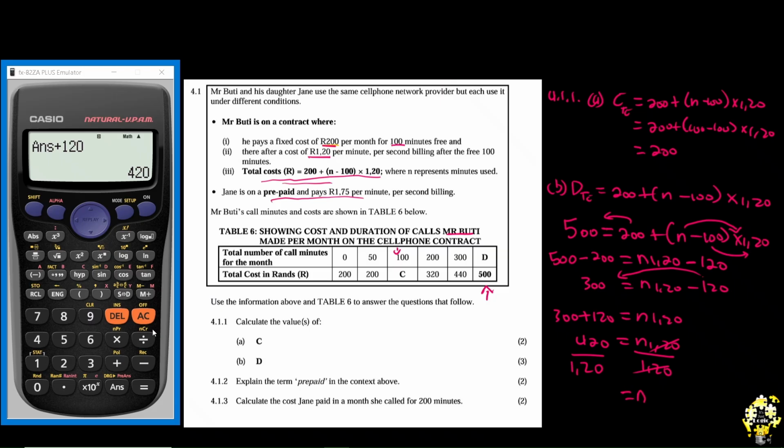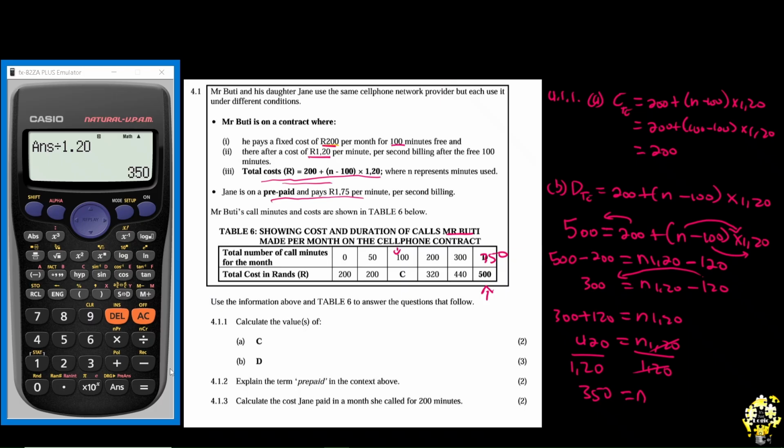And this n we can simply derive by dividing on the other side, and we get that for paying 500, he actually has used 350 minutes. That's how you do this one.